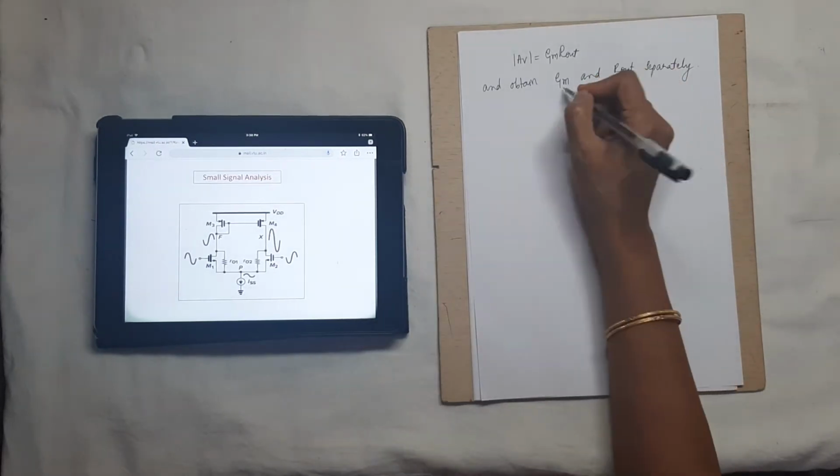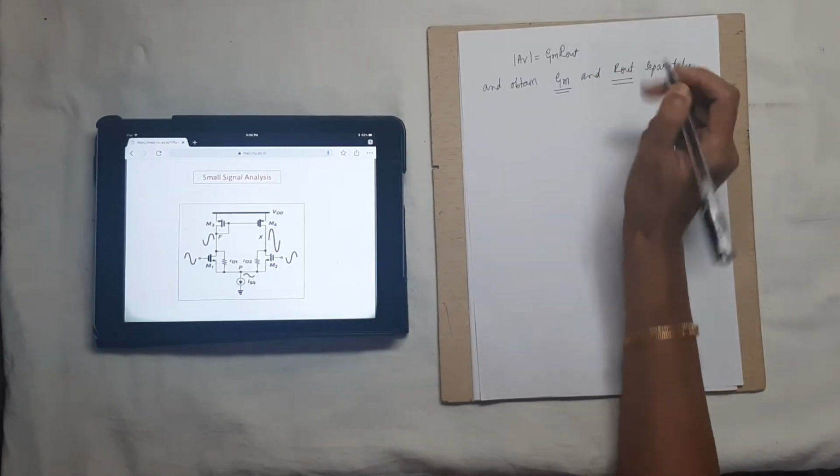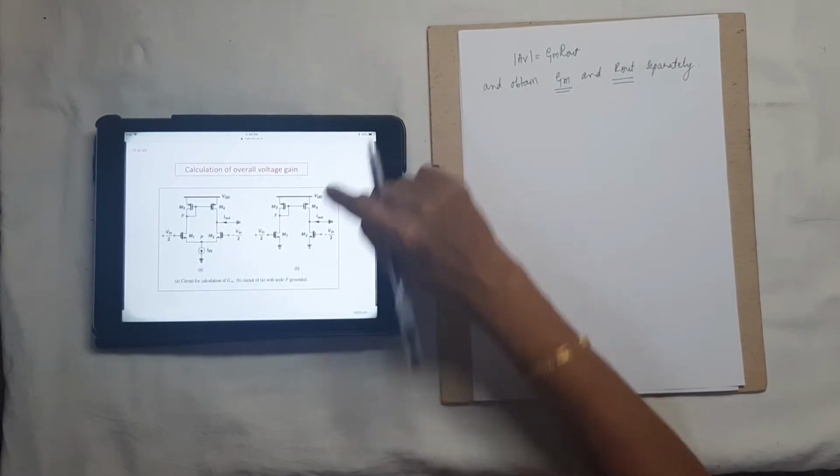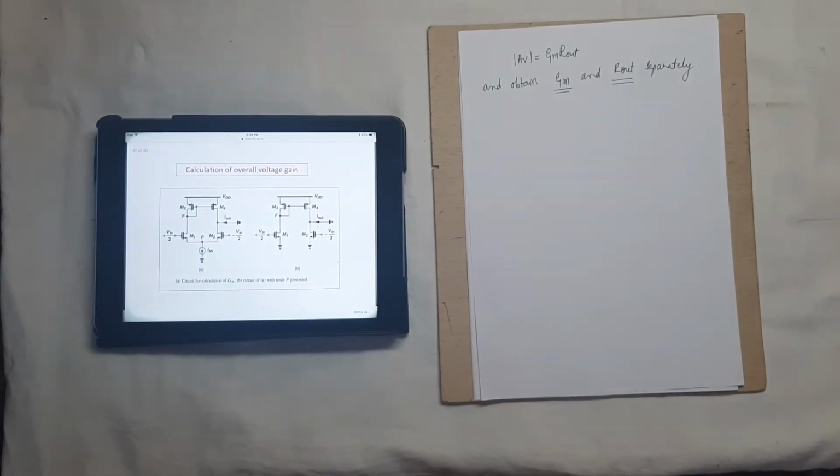Let us see how to obtain Gm and how to obtain Rout. First, let us obtain Gm.